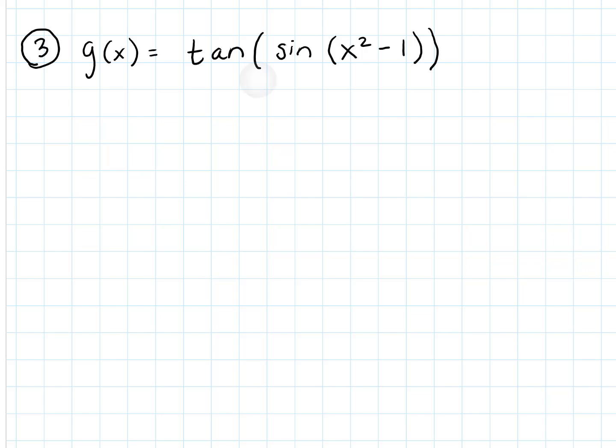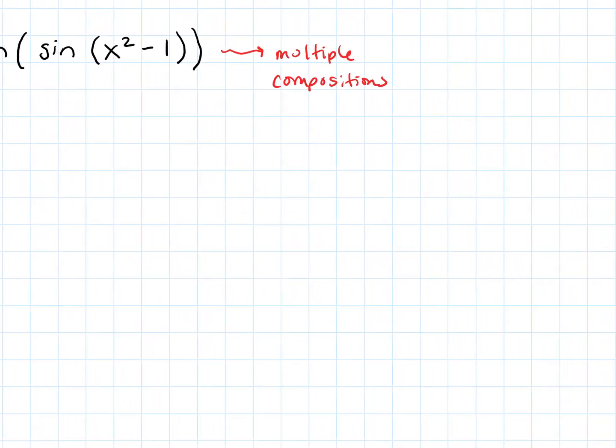We've composed x squared into the sine of x, and then we've composed that function into the tangent of x. So there are definite layers of composition here.